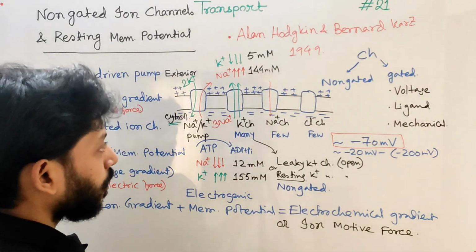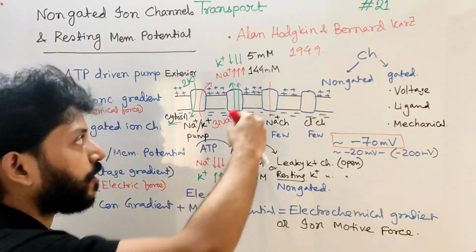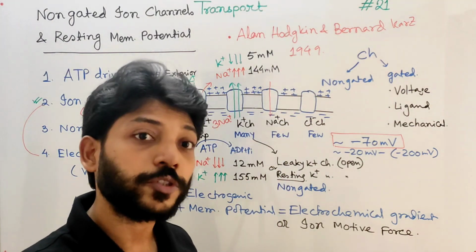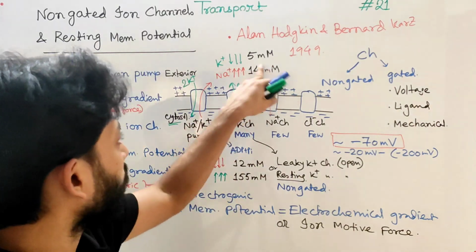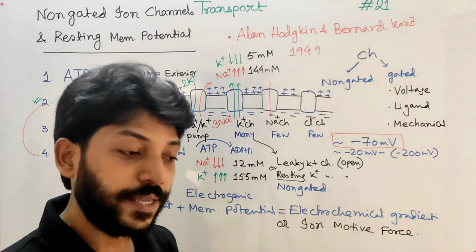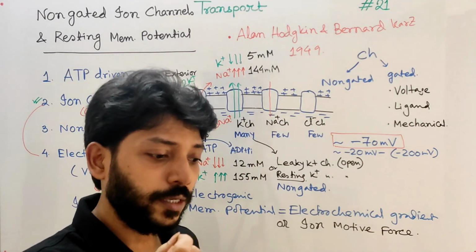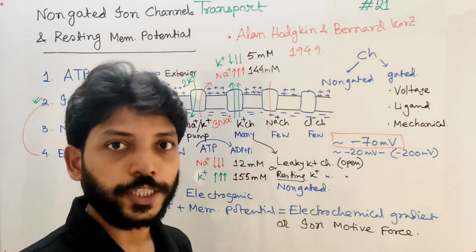So they changed the concentration of sodium and chloride in the exterior, using squid axons. They changed the outer concentration of sodium, chloride or other ions, and they found that only a small change occurs in the resting membrane potential.